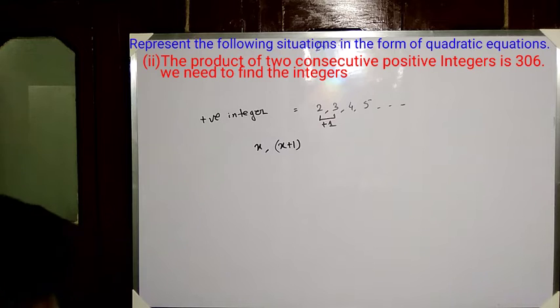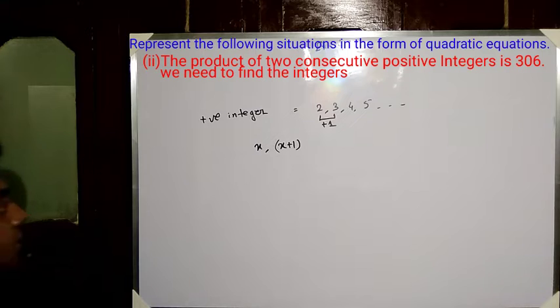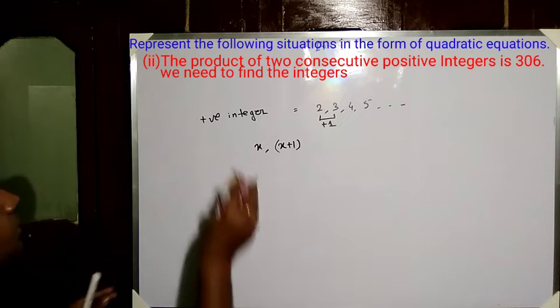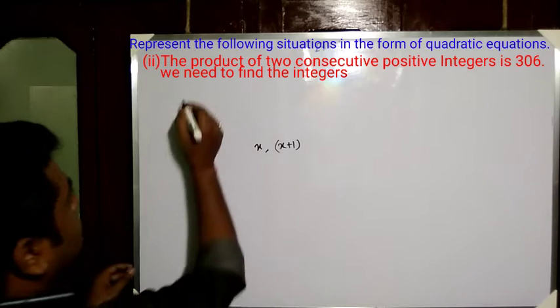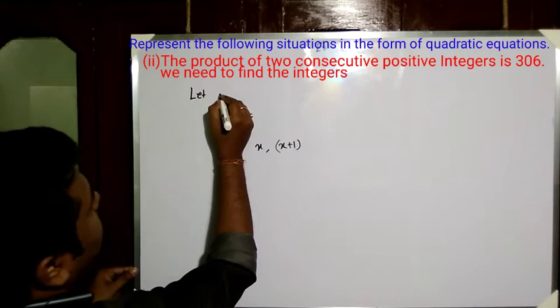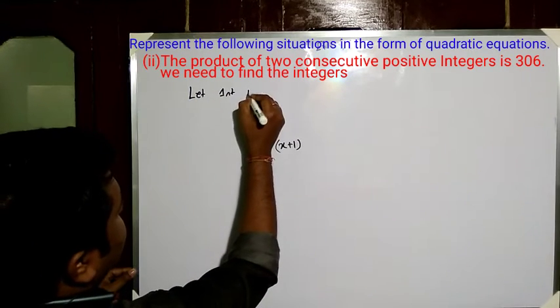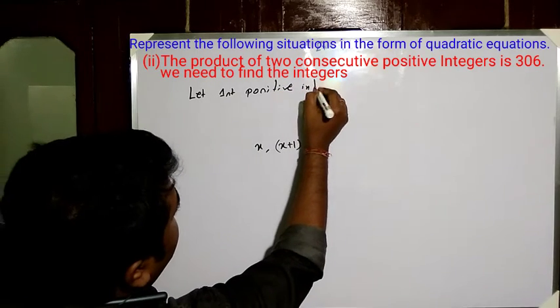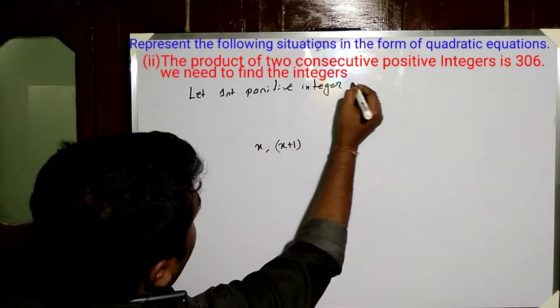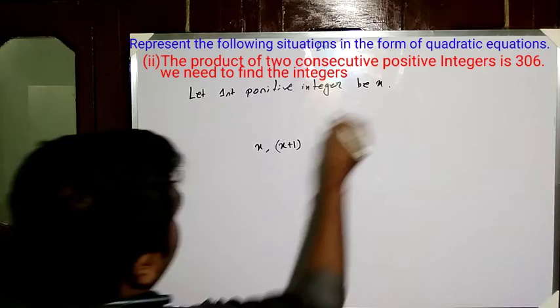So what is the question there? The product of two consecutive positive integers. So first you write, let the first positive integer be x.